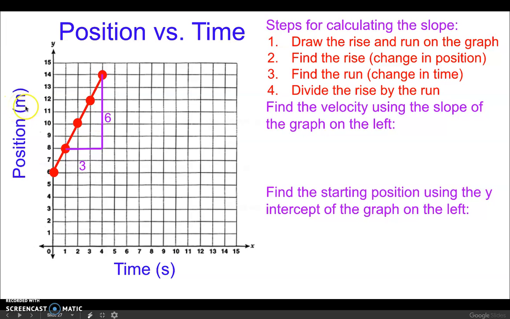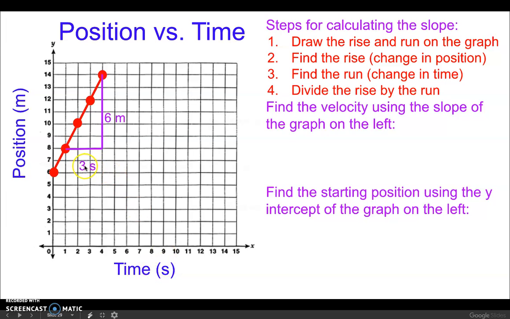Right? Because when we're going up and down on the y-axis, we can see that our position is measured in meters, so 6 meters. 3, as we go left and right on our x-axis, that's our time, 3 seconds.